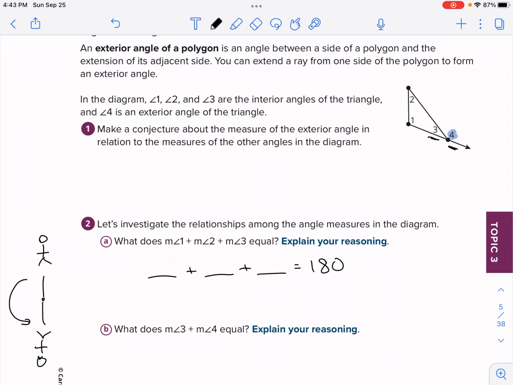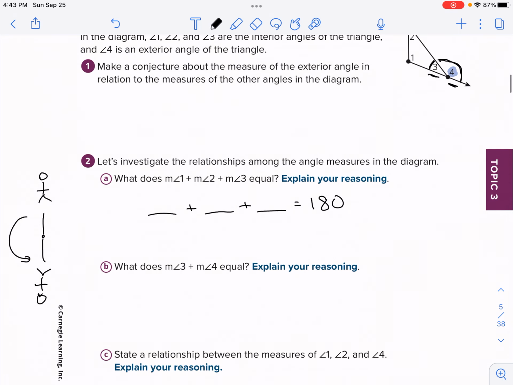Now half of the circle is 180 degrees. And this angle here and this angle here form a straight line, which means that it's also equal to 180. So 1 plus 2 plus 3 is 180, but also measure of angle 3, whatever that is, plus the measure of angle 4, whatever that is, also 180.